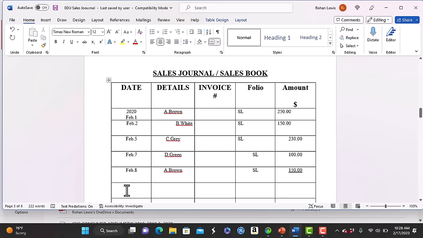Then on February 10, name of the customer, B. White. Folio, sales ledger. Take it step by step. The amount $90.